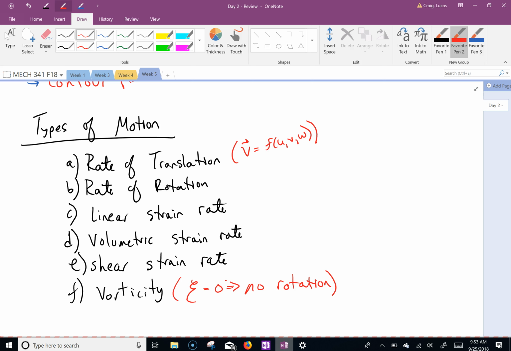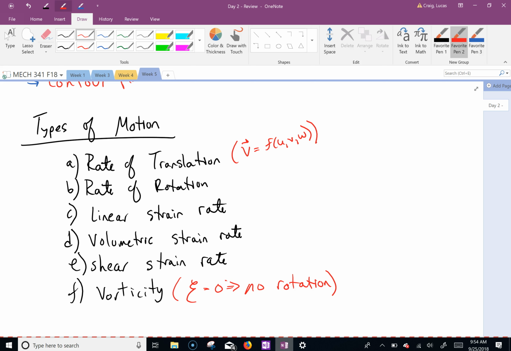And then every one of these is an equation in your book that you can use to figure out if it's spinning. The linear strain rate means does it stretch in the x or in the y? Volumetric strain rate is does it actually expand out in all directions? And if it does that, that means it's compressible.